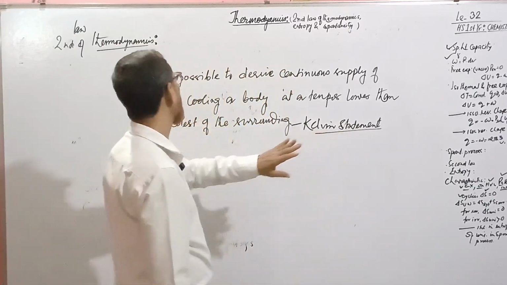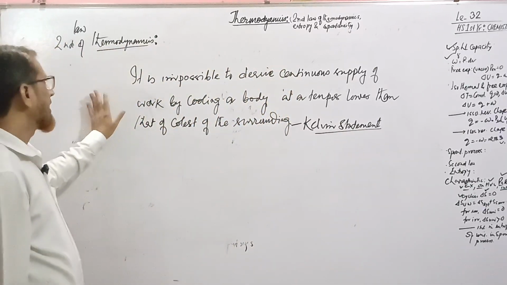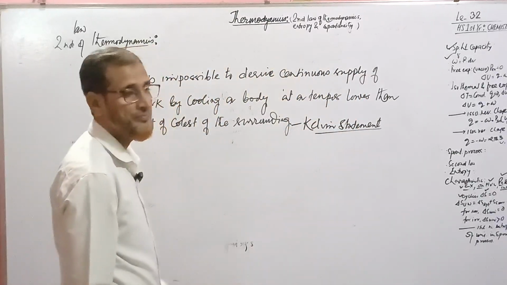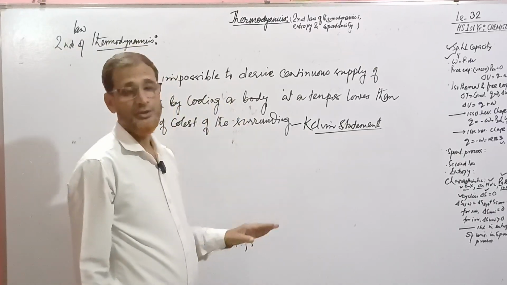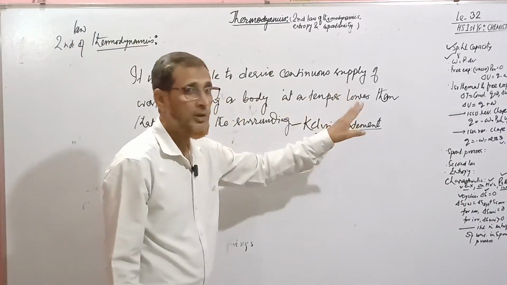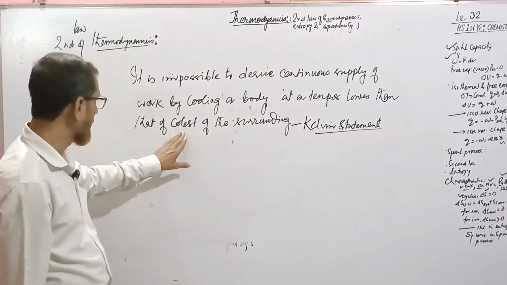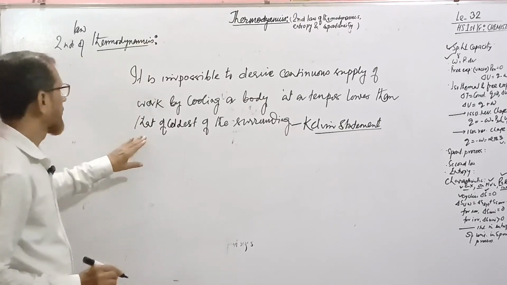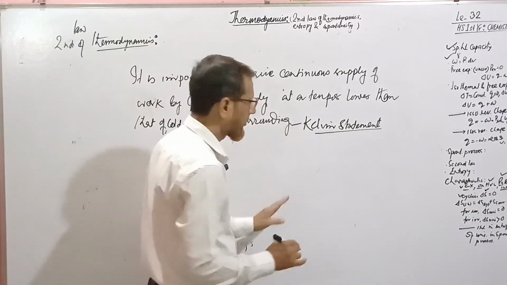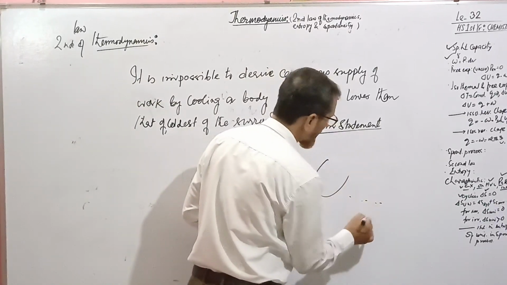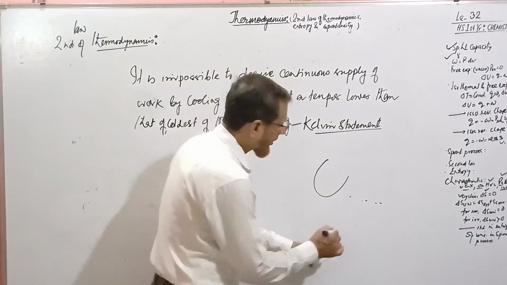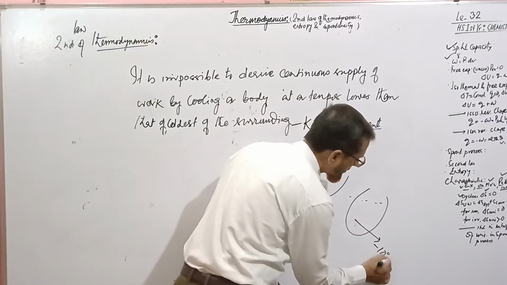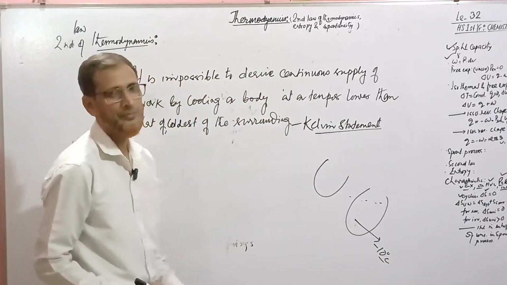The statement of Kelvin regarding the second law of thermodynamics is that it is impossible to derive a continuous supply of work by cooling a body to a temperature lower than that of the coldest of the surroundings. It means there is a system and there is a surrounding. The surrounding has the lowest temperature, say 10 degrees centigrade.